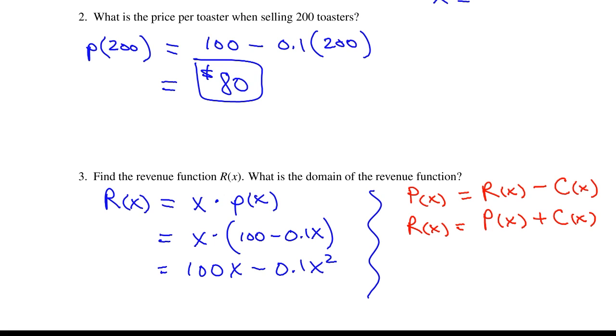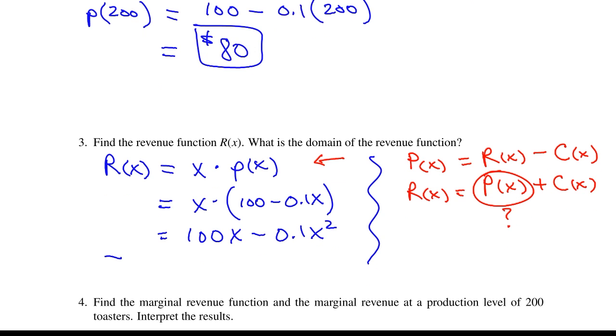And yeah, that's true, except up to this point in the problem, you don't have the profit function. So you can't use this formula for revenue. So just go back and stick with this basic scenario. The revenue is the number of items times the price. The domain of the revenue function is inherited from the price demand function, so it's 0 to 1,000.